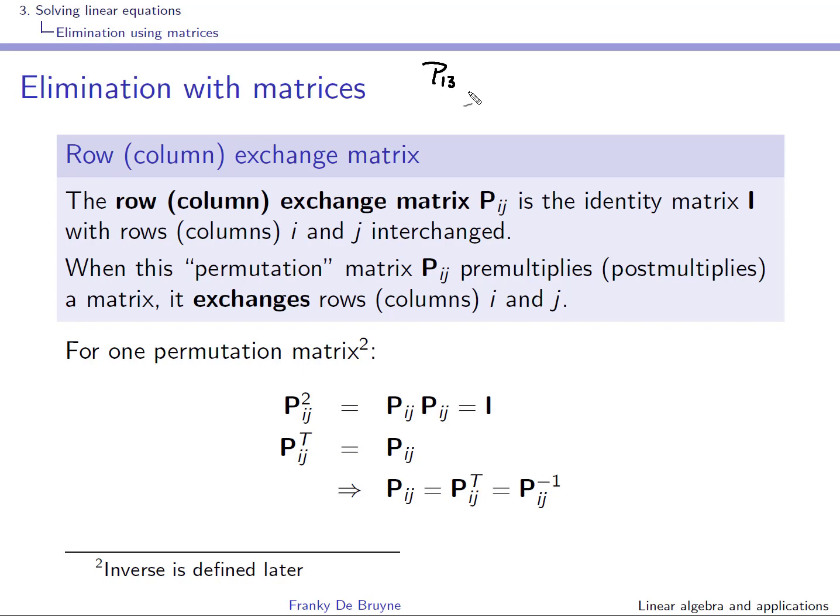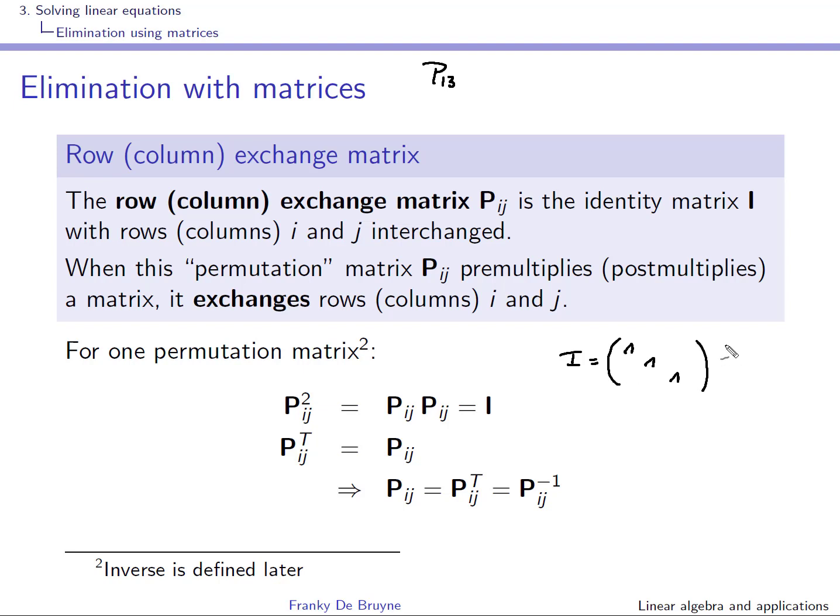Okay, so if we want to construct the permutation matrix that interchanges row 1 and 3, we have to start from the identity matrix, and I'll take a 3 by 3 example here. 1, 1, 1 on the diagonal and zeros everywhere, so this is my identity matrix.